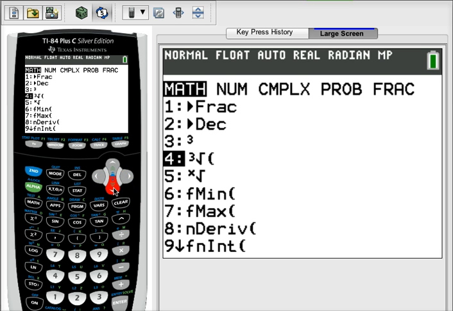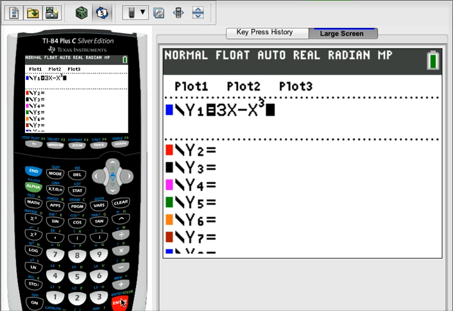Then I scroll down, oh, sorry, and hit enter to get cubed. Again, little stuff like that, if you forget, just ask me right away in class and I can refresh your memory on how to get to that cubed button. But the important thing is you type your function in right there, okay?